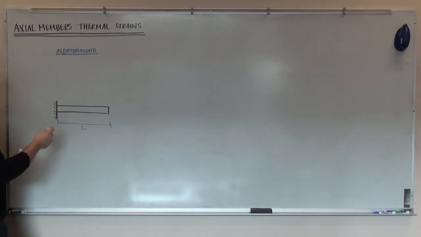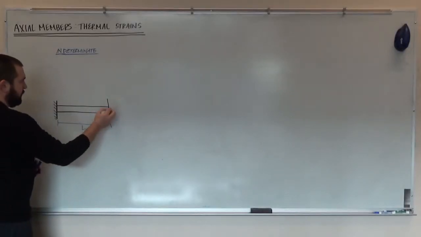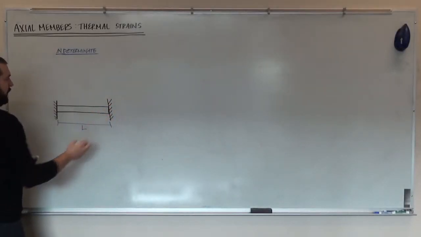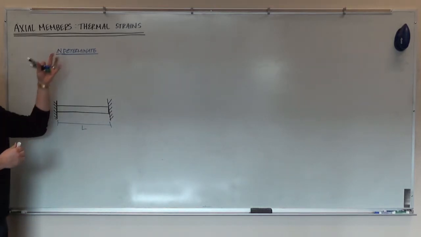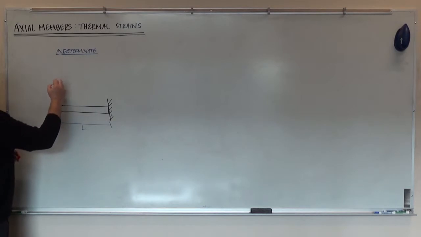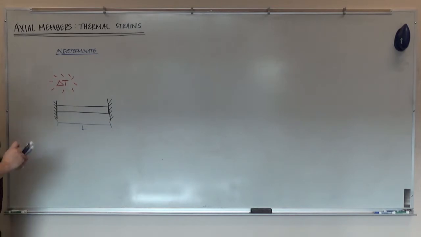And all that I'm going to do to change this from determinate to indeterminate is add a fixed support on the right-hand side as well. And since it's indeterminate, we're talking about thermal strain, so I'm going to apply some change in temperature to the system.